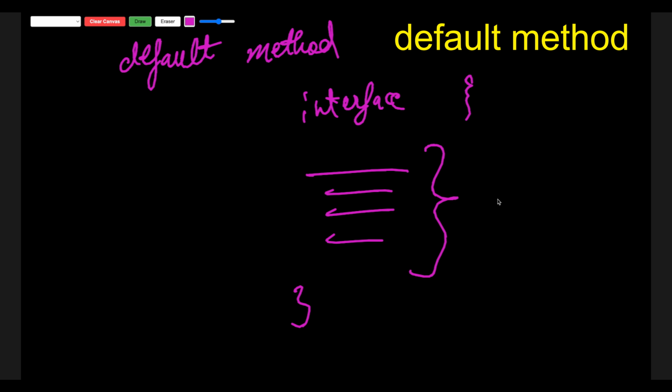But let's say you want some common logic for all the classes that are implementing the interface. Then you have to implement that common logic inside every class. But after Java 8, default methods were introduced, which help us add some logic inside the methods of the interfaces, which is common to every class.